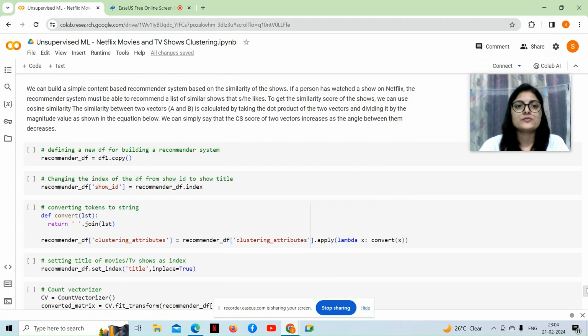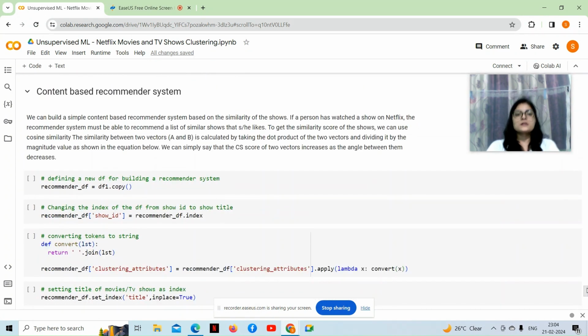Now moving towards the content based recommender system. What is a content based recommender system? In this we can build a simple content based recommender system based on the similarity of the shows. If a person has watched a show on Netflix, the recommender system must be able to recommend a list of similar shows that he or she likes.